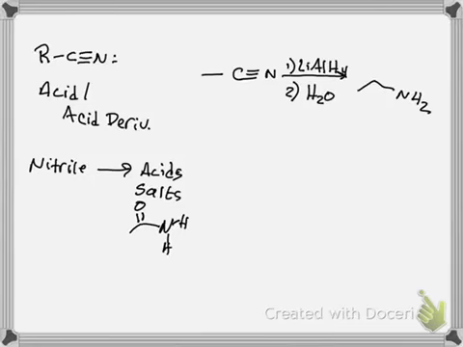You can do the same reaction using platinum and hydrogen gas. You can hydrogenate this. Most of the time you want to avoid using heteroatoms in your hydrogenations because these can sometimes spoil the catalysts. The pairs of electrons on the heteroatoms can get into the catalyst and prevent the reaction from occurring that you're really interested in. But that too will take you to the free amine.